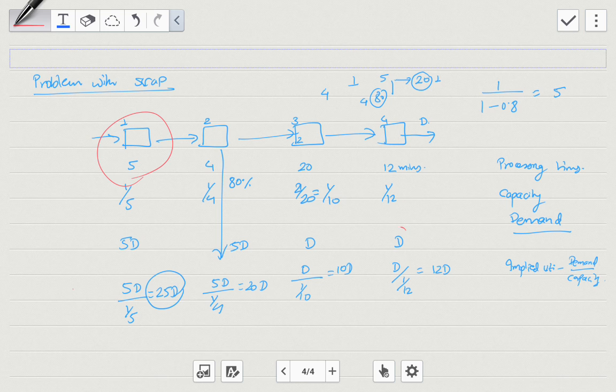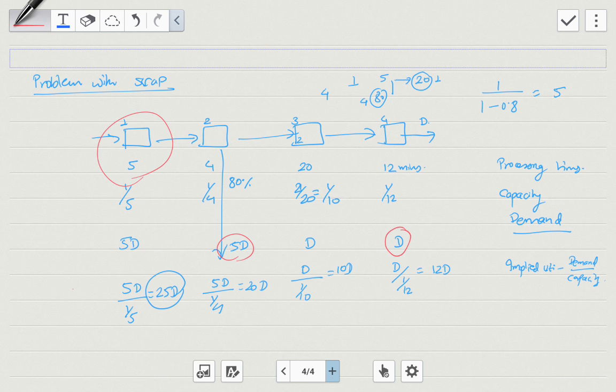Well, for D, altogether 5 units have to go through resource 2. That means for every 1 unit, 5 units have to go through resource 2. That is the first problem. The second problem says, which process is the bottleneck? Well, as we saw, resource 1 is the bottleneck.